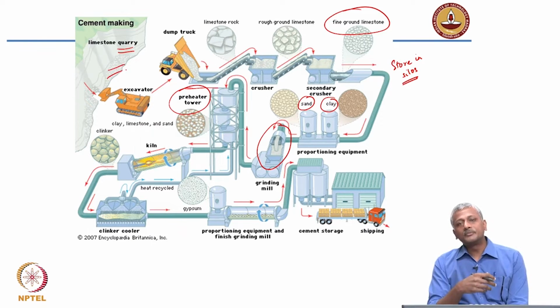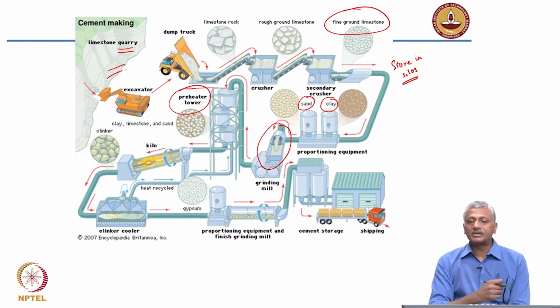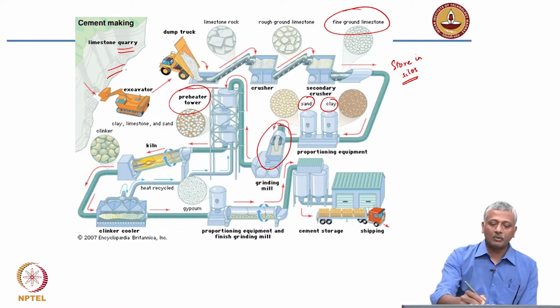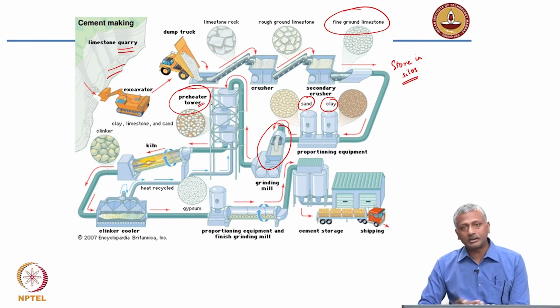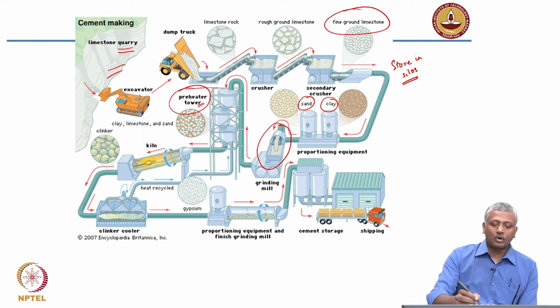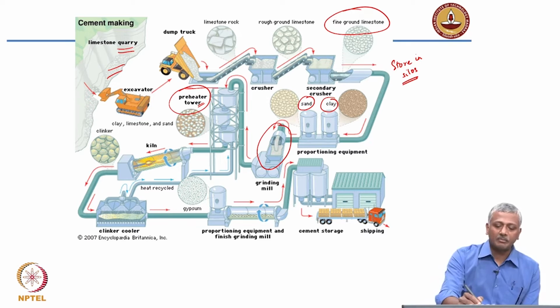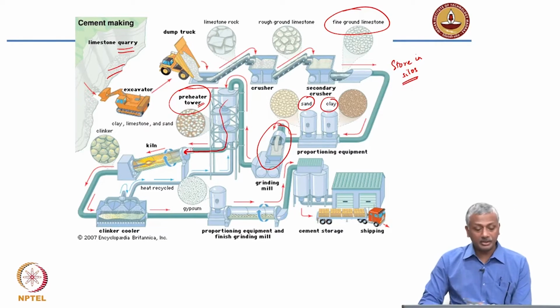So, without spending too much energy trying to drive off this water, you send it to the preheater tower where any extra water in the raw material will get removed. Then the materials blend together properly and are introduced into this chamber called the kiln.